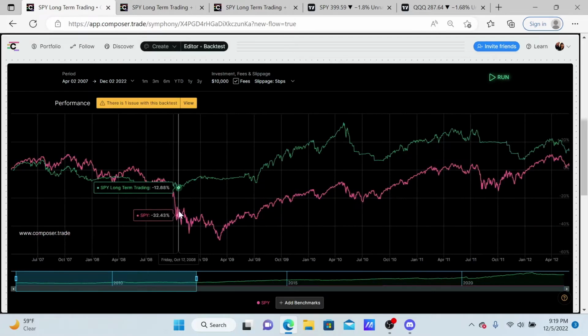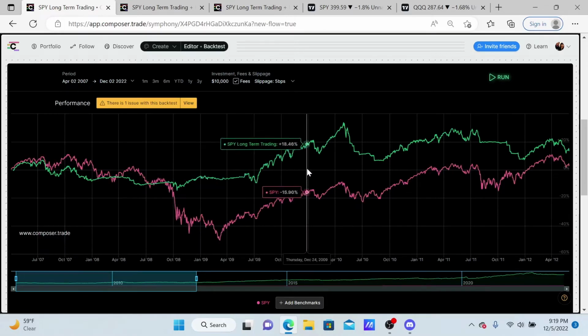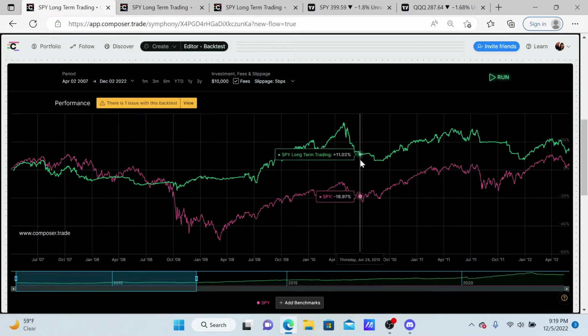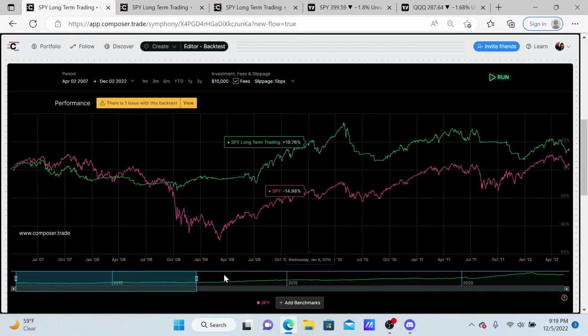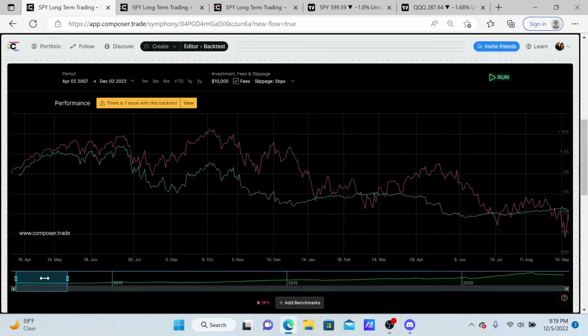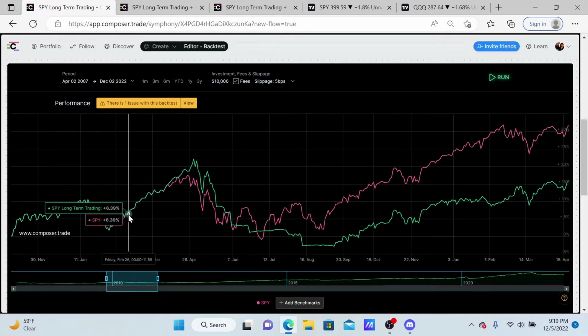If I go to the Great Financial Crisis, here we were in BSV, and then when you're in a bull market trend is where you're going to be transitioning to IEF or the long-term bonds. What you can do to see that is you'll go to a bull market period. You can see right here, both are on the same trajectory because they're both just long in SPY because it's above its 200-day.